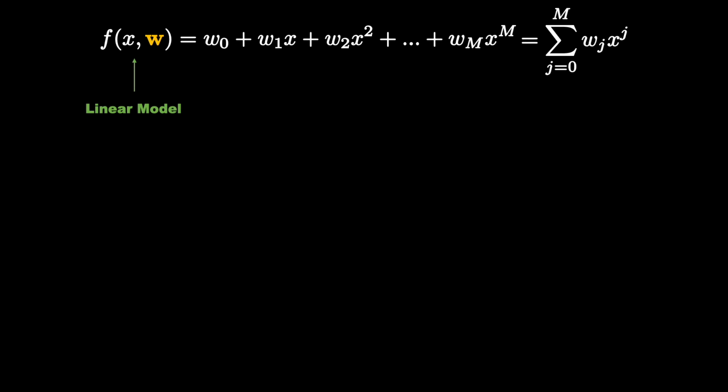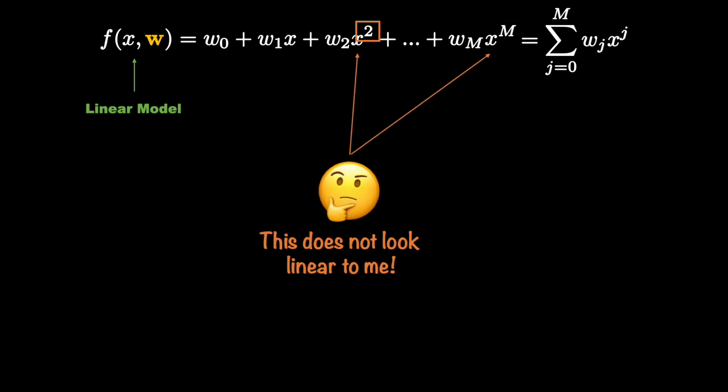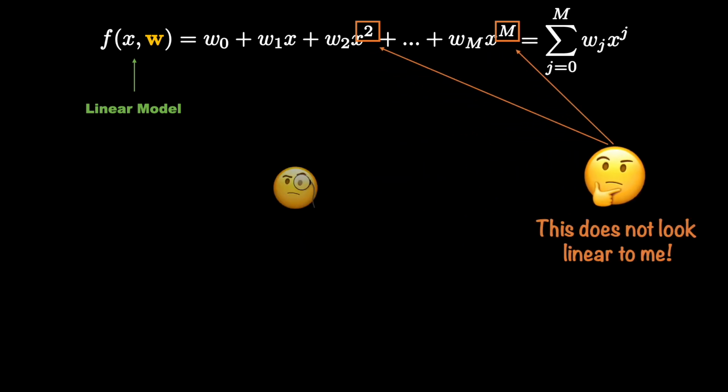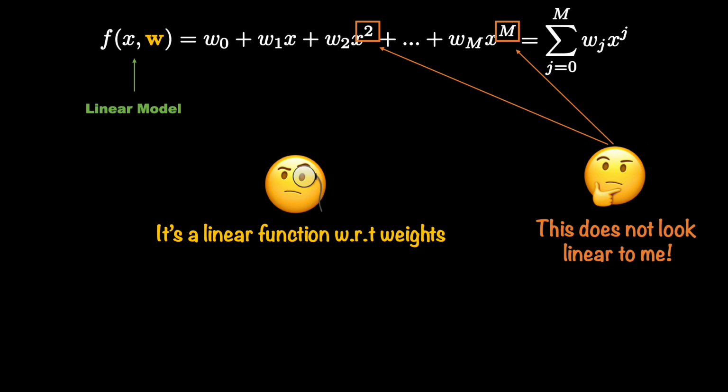This model of ours that consists of terms of various orders is called a linear model. Now the word linear implies lines to many people, and here we see independent variables with various degrees. So why are we calling it a linear model? The reason is that it is linear with respect to the weights and not the independent variables.